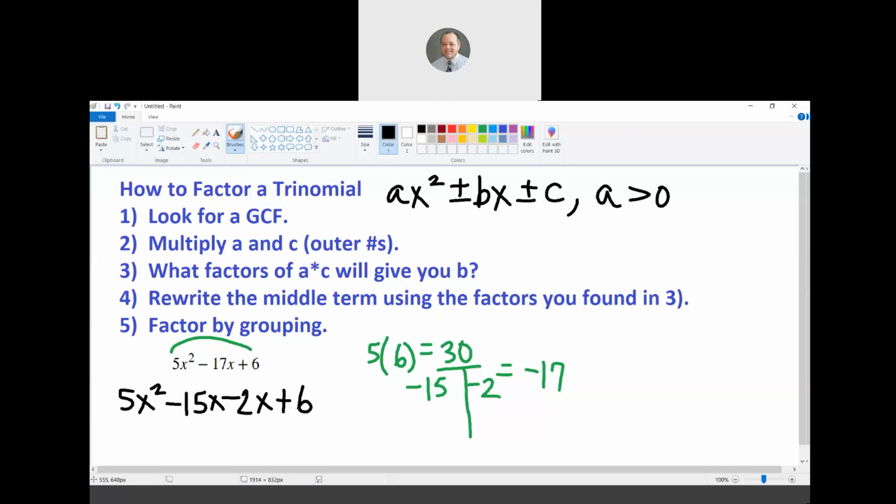And I just brought down the other terms. The last step, factor by grouping. So we'll group the first two terms and the last two terms and take out each pair's GCF.